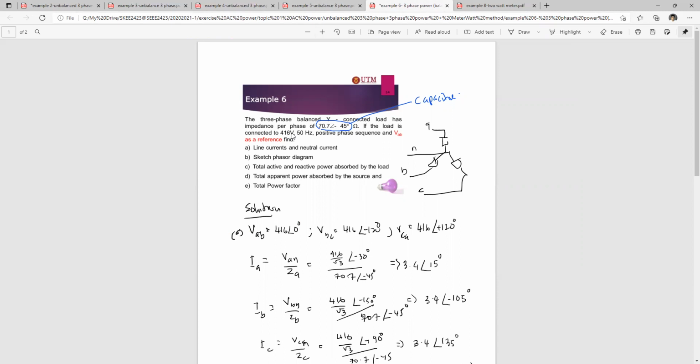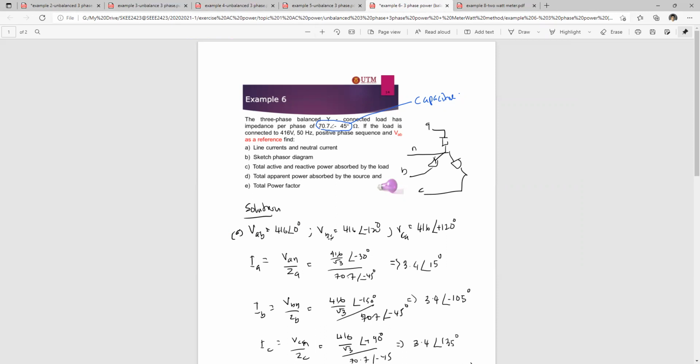I think this question is not complete, but for your information, this 416 is your V line, and it should be stated there. Never mind. So VAB is the reference.